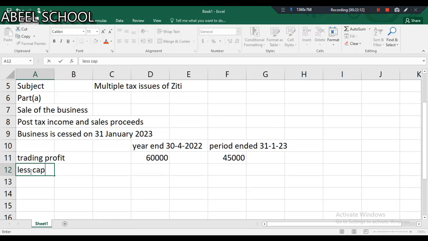Let me deduct capital allowance. We are getting annual investment allowance, so 100% annual investment allowance is available.